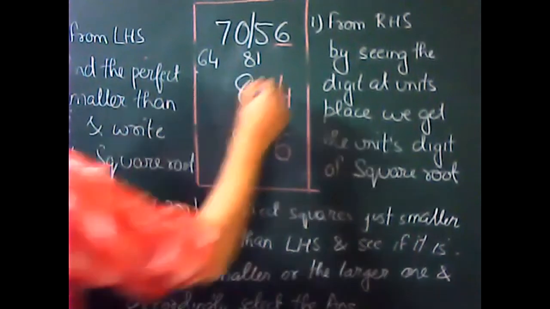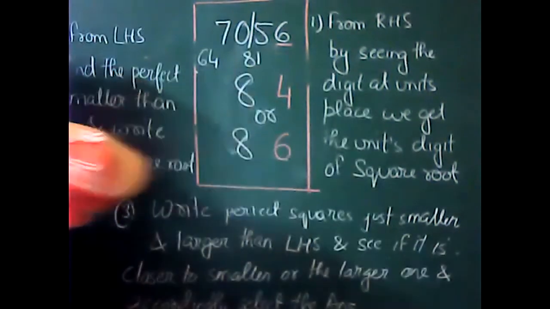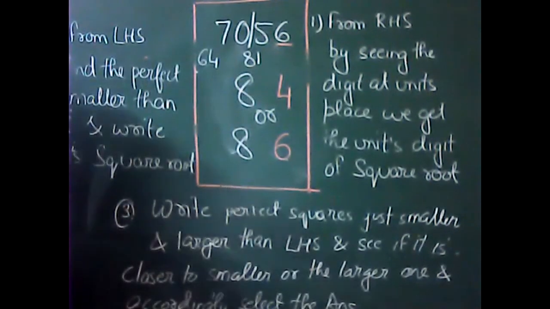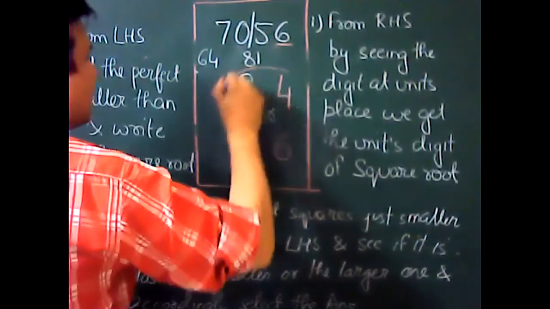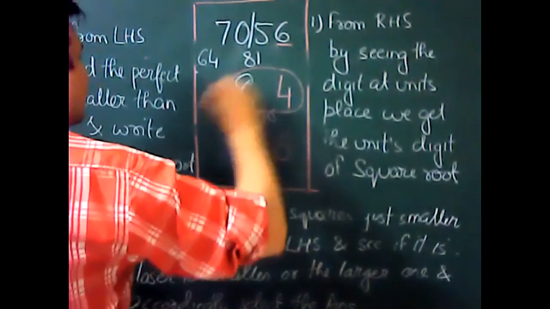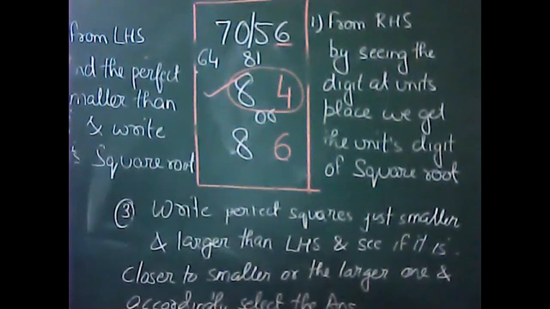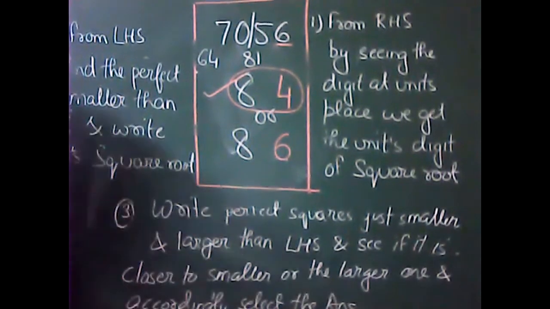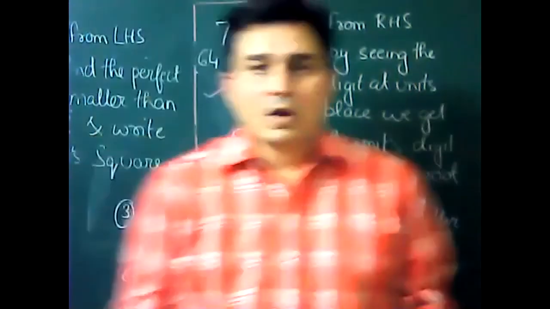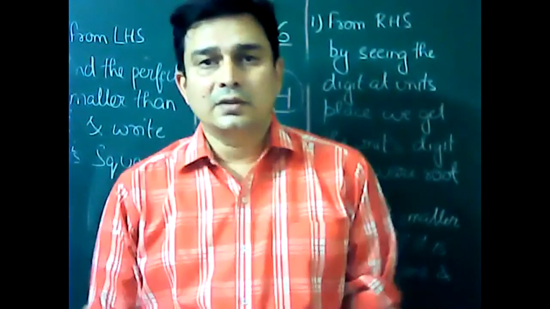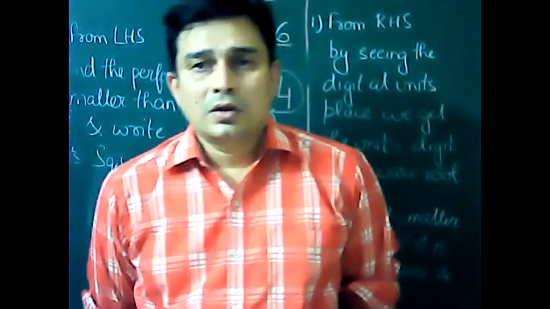So the answer is going to be smaller or the greater number? Smaller. Very nice. You got the technique. This is the correct answer. All of you got the technique? Yes.